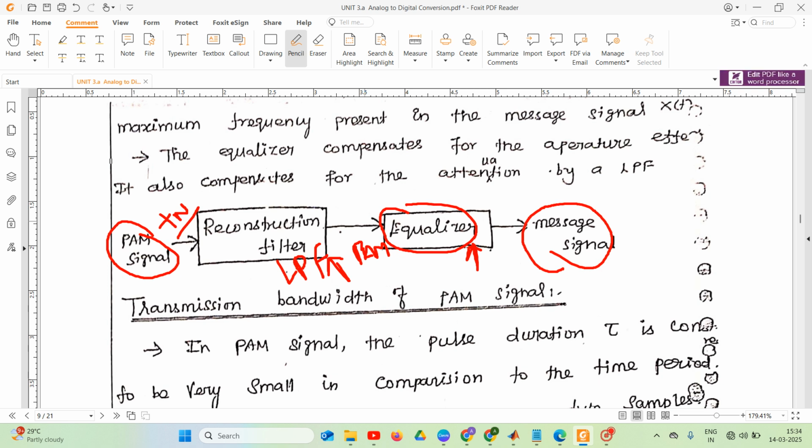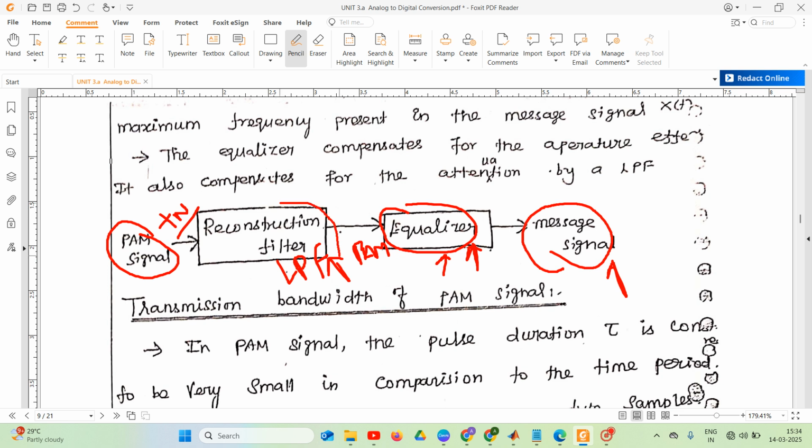Because of the aperture effect, the amplitude varies. I want the original signal without decreasing amplitude. I need the exact amplitude of my original signal at the receiver side. So in order to remove the aperture effect, we are using the equalizer.